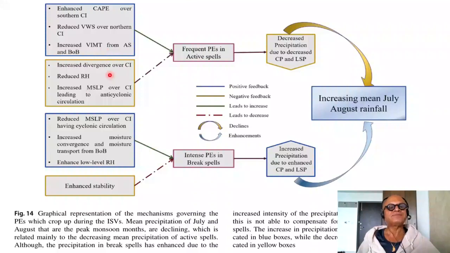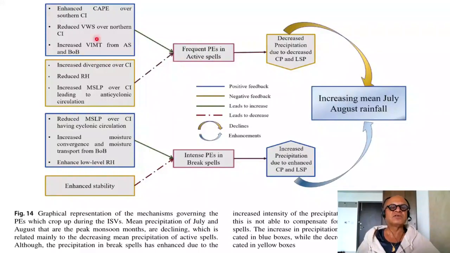On the other hand, you have increased divergence over central India, reduced relative humidity that we saw, increased mean sea level pressure over central India, leading to an anticyclonic circulation, which leads to decreased precipitation events in active spells.